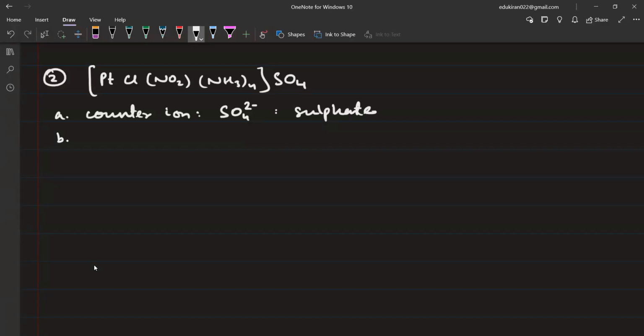So write sulfate. What is the oxidation state of the central metal atom? It is Pt. So you'll have x plus, tell me, charge on Cl. -1. Charge on NO2.